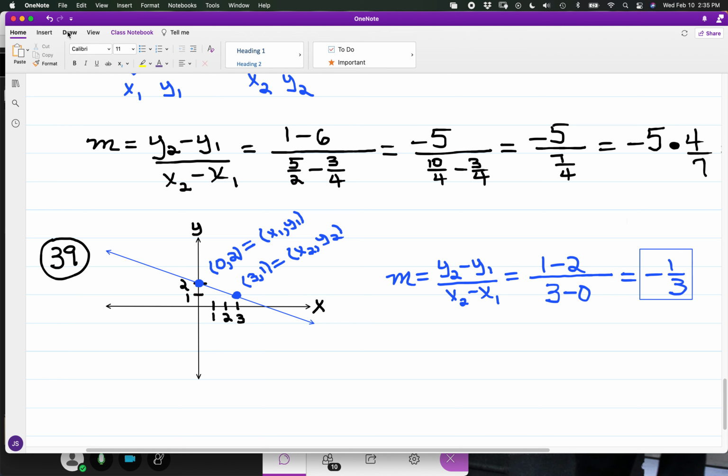Also, I will mention this. You could also look at the graph from a triangular perspective, kind of like a little staircase pattern.